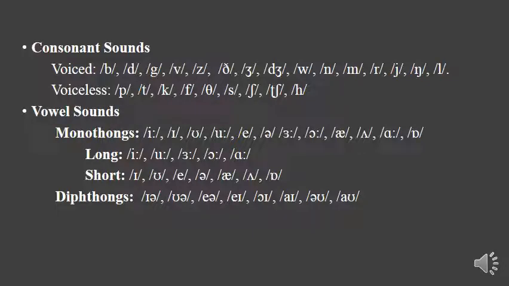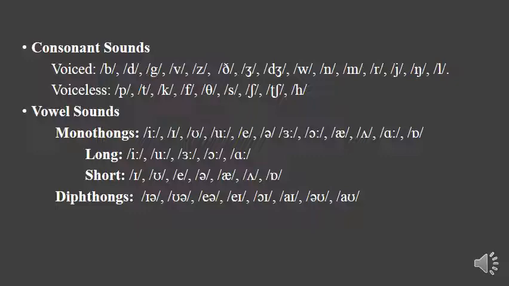For example, in voiced sounds like b, d, g, v, you can feel vibration as you are pronouncing them. While in the voiceless sounds we have p, t, k, f, s, sh, ch, h. You can see there is no vibration. That is why they are called voiceless.